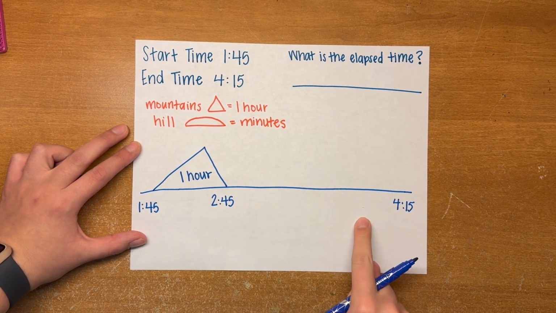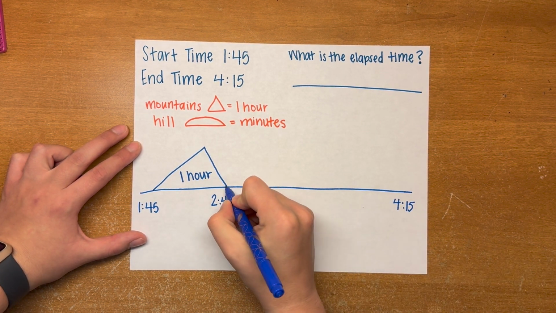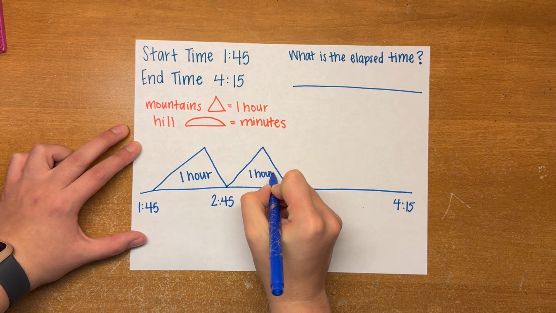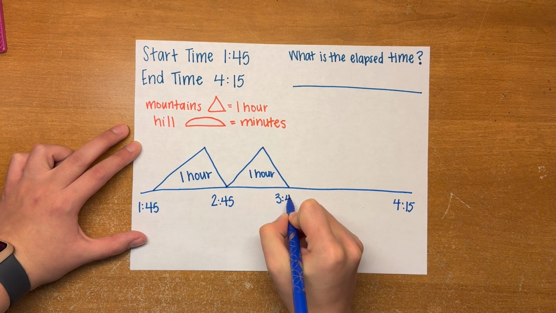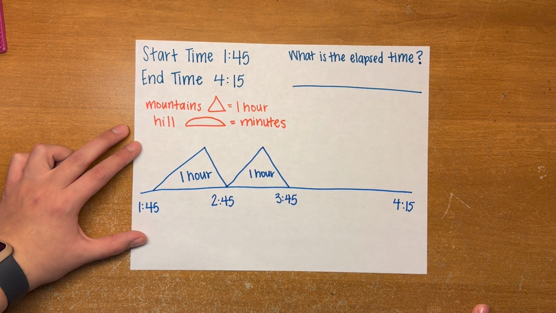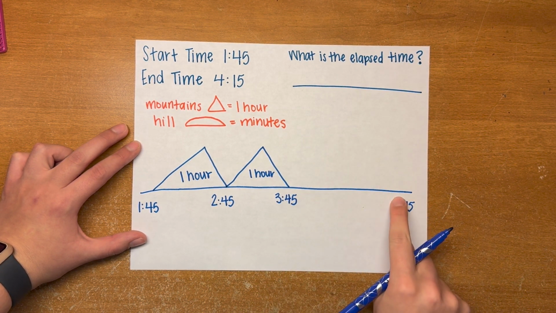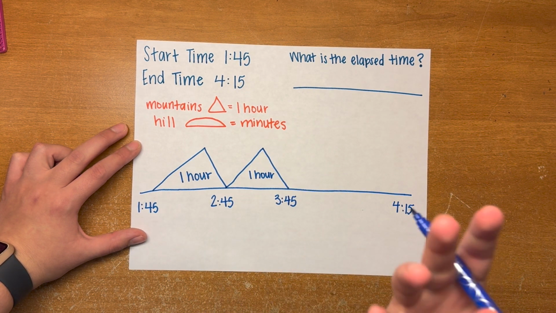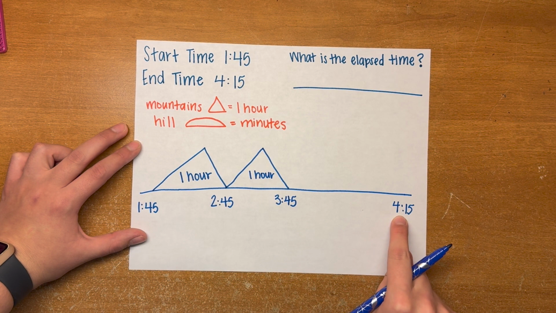Can I jump another hour? Yes, because in 1 hour, it will be 3:45. Now, can I jump another hour? No, because another hour would be 4:45, and that's past my end time.